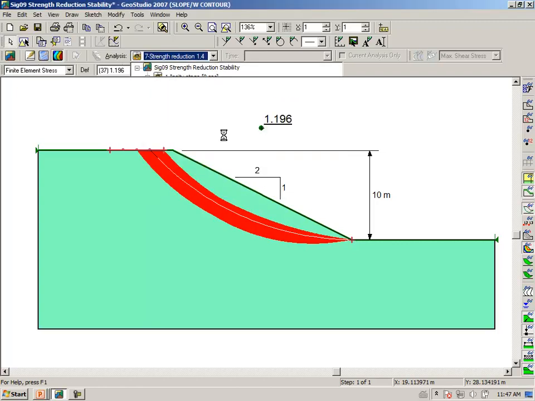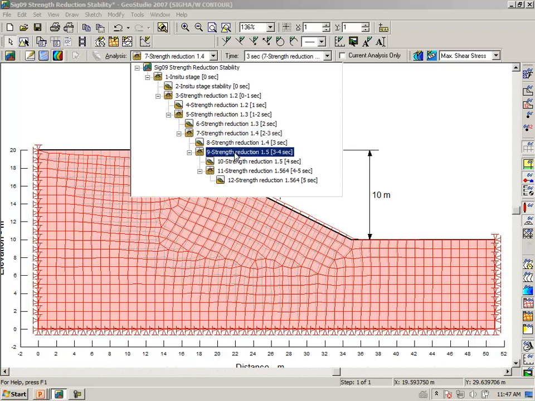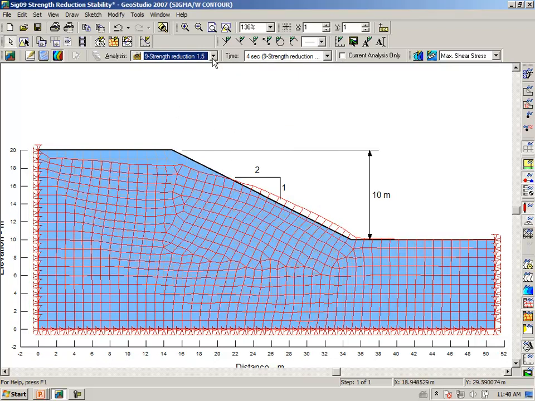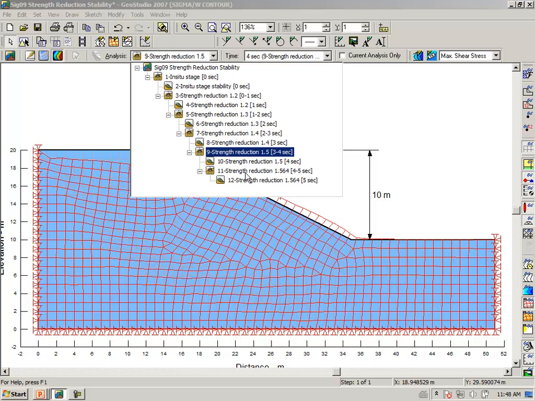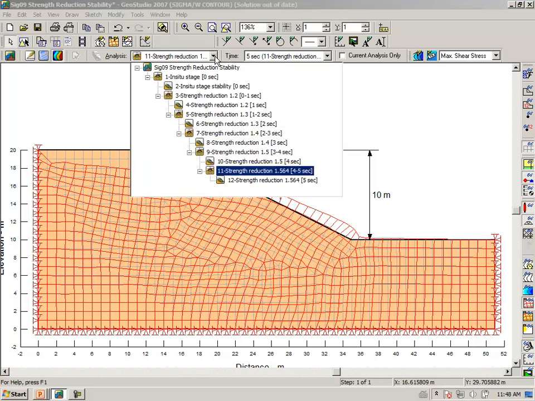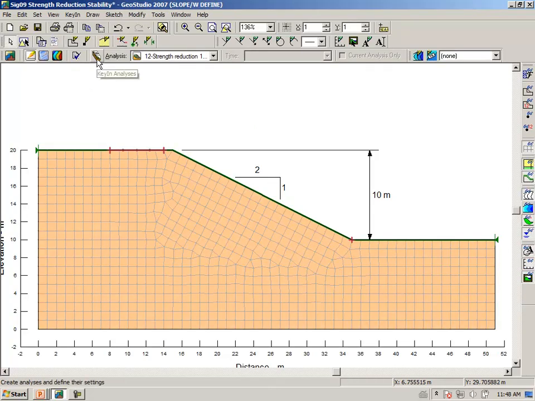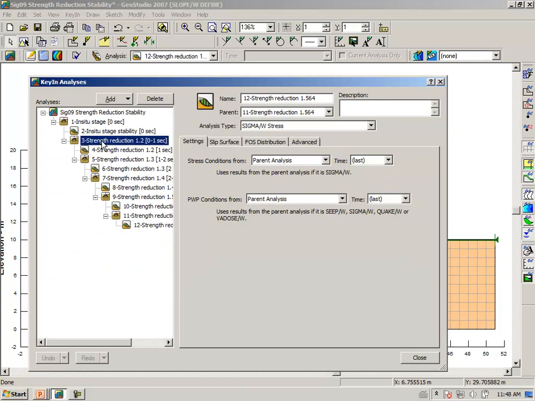A strength reduction of 1.4. We're beginning to see more movement as a result of the strength reduction, and a final strength reduction of 1.5, and then our last strength reduction of 1.564. And so here is the accumulated deformation due to the artificial strength reduction, and the associated factor of safety now is close to 1.